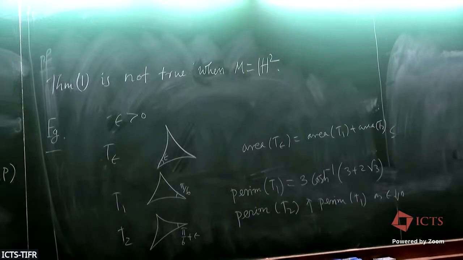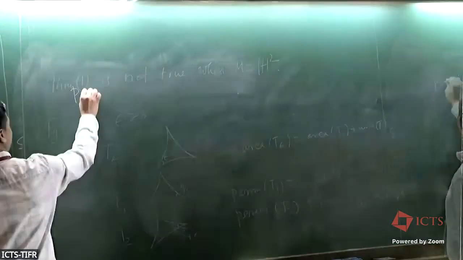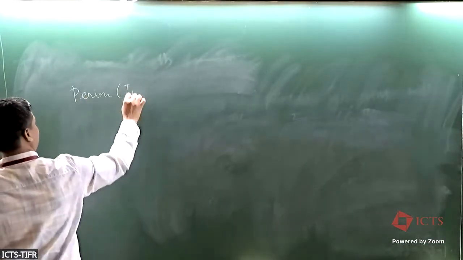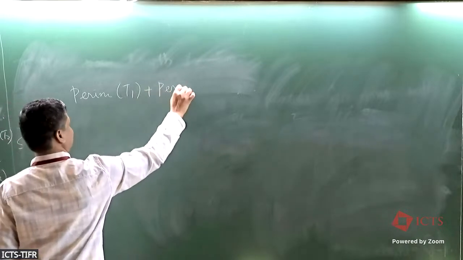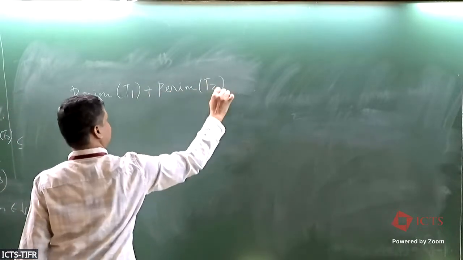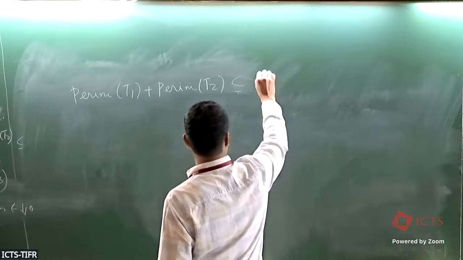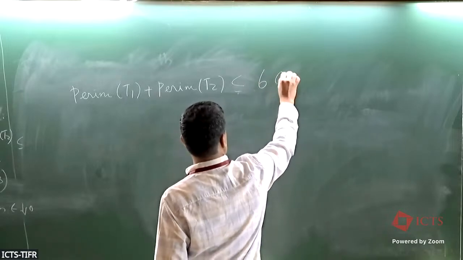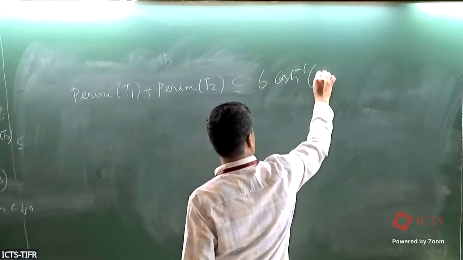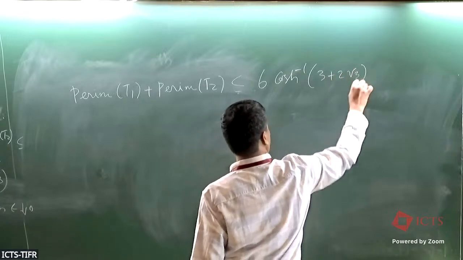So basically this is bounded: the perimeter of T1 plus the perimeter of T2 is less than or equal to 6 times cos inverse of 3 plus 2 root 3.